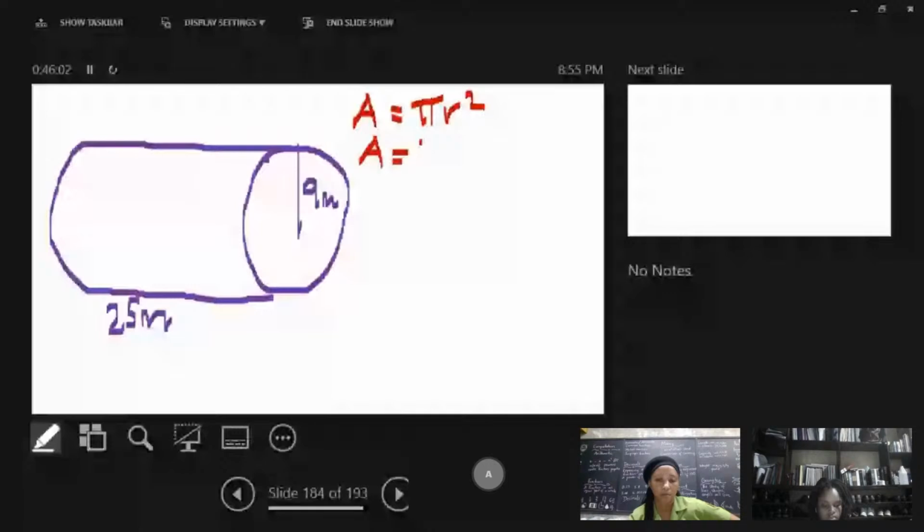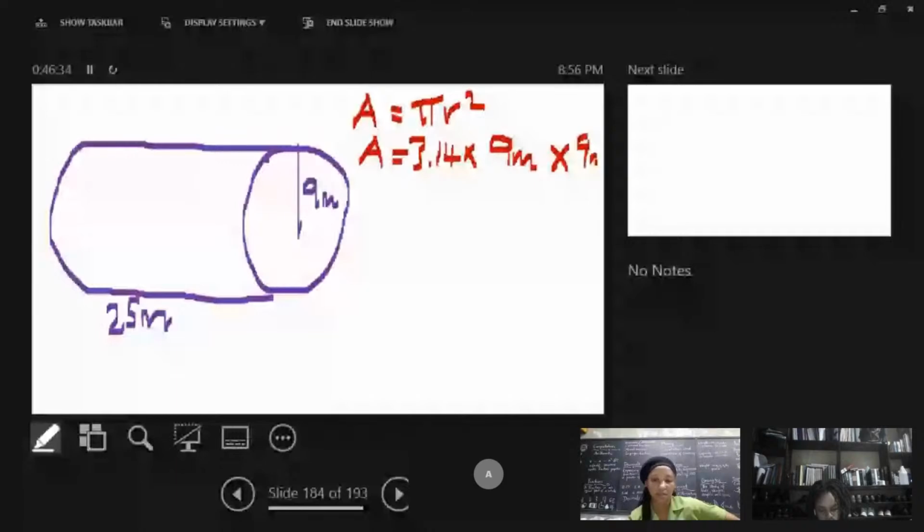What are you using pi as? Oh, 3.14. All right, so you're using pi in decimal form. So that's 3.14 times 9 meters times 9 meters.